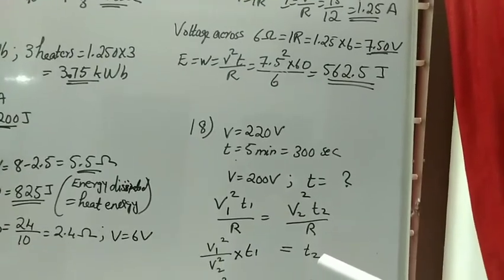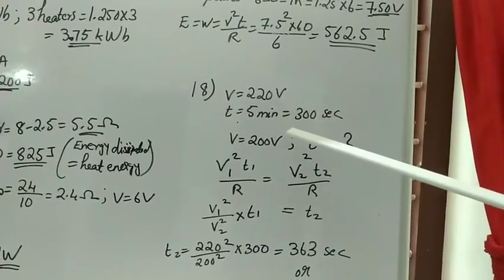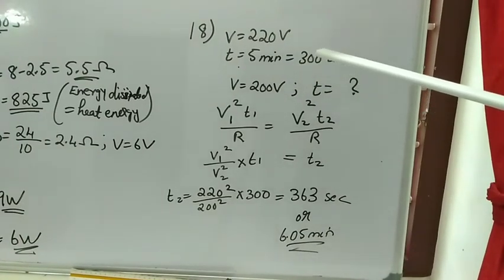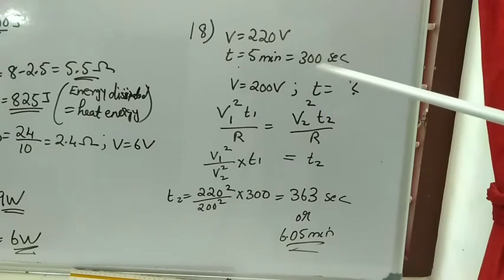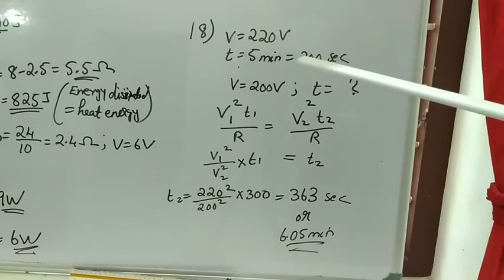Next question number 18. Water in an electrical kettle connected to a 220 volt supply takes 5 minutes to reach the boiling point. So first we have to consider an electrical kettle, and that kettle is connected to 220 volt. If it is connected to 220 volt, the water inside it boils within 5 minutes, that is within 300 seconds.